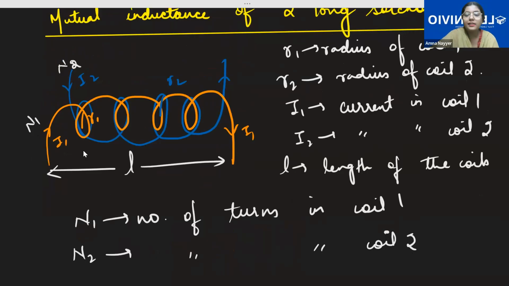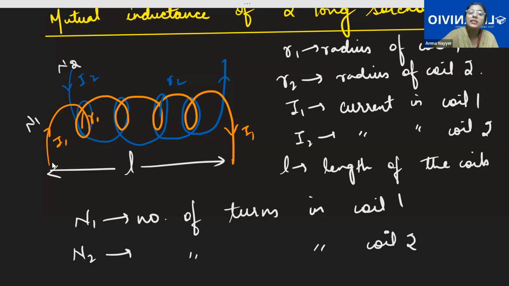The mutual induction, that is, the induced current, will be caused due to the neighboring coil. Let's say this orange one is the first coil. If I'm calculating its mutual induction, it is coming due to the change in the current here. So its magnetic flux is changing, its magnetic field is changing.